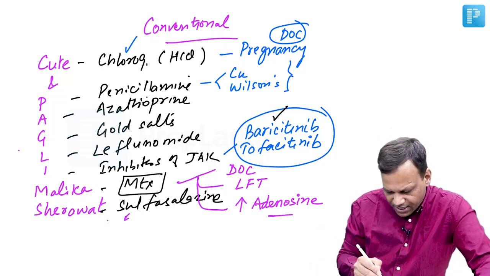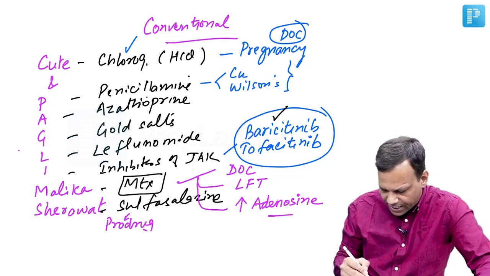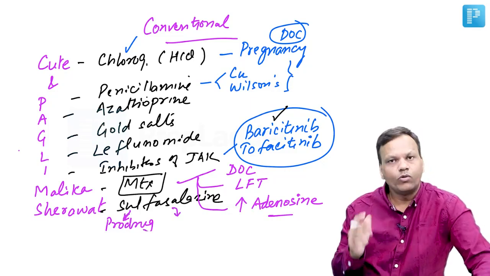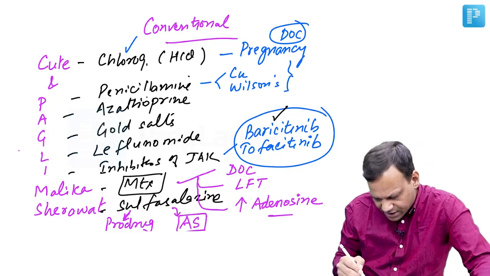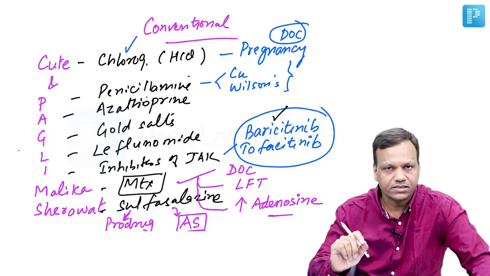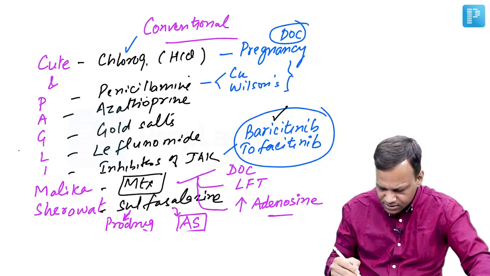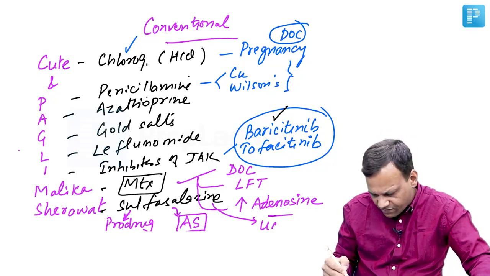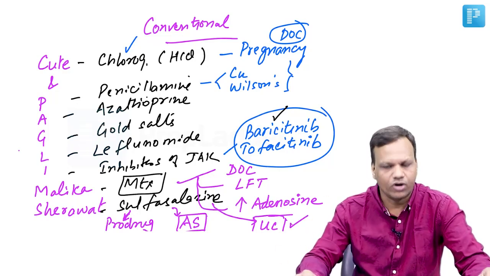Important points are: number 1, sulfasalazine is a prodrug. It is metabolized to an active product. Second, sulfasalazine is the only DMARD which can also act as a disease modifying agent in ankylosing spondylitis. So not only rheumatoid arthritis, also ankylosing spondylitis. The third use of sulfasalazine is ulcerative colitis.